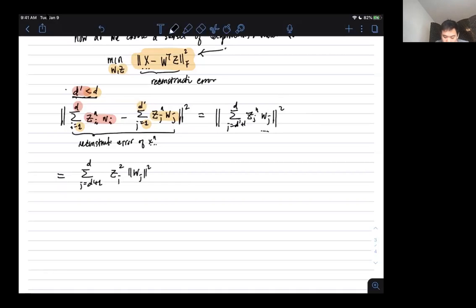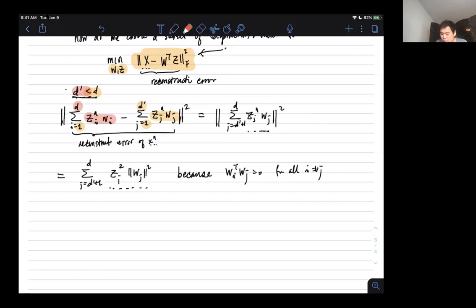However, because the eigenvectors are orthonormal, when two different eigenvectors are multiplied, the result becomes 0, so we can ignore all those cross terms as they are all going to be 0. That is because W_i transpose W_j is 0 for all i that is not j. So that's why all the cross terms disappeared, and the square term of each term in this summation can be written down as the square of the scalar.